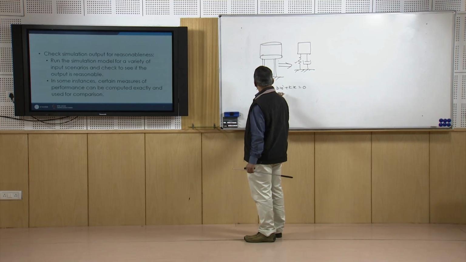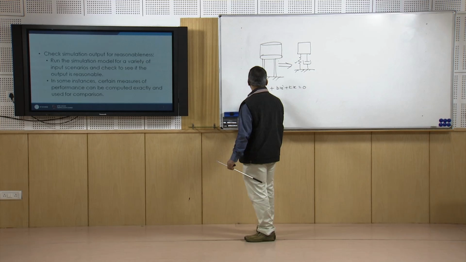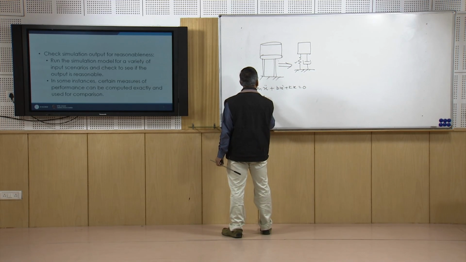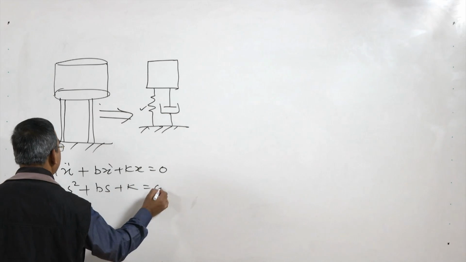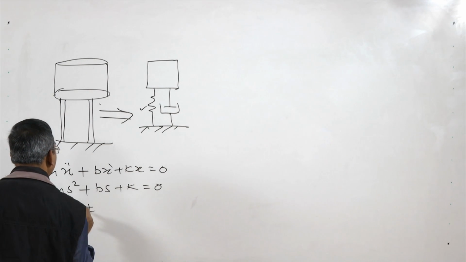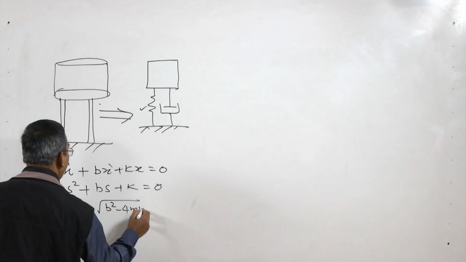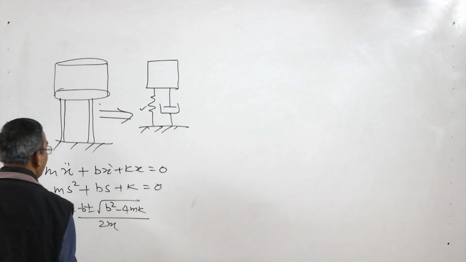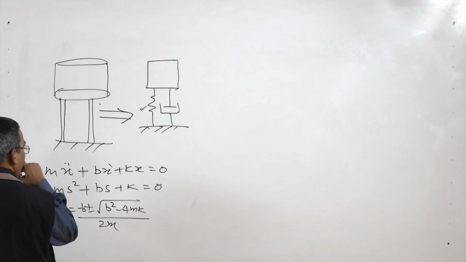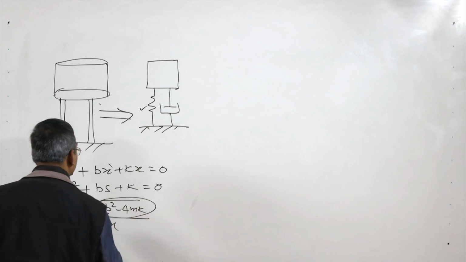Now, here we know, as we have seen earlier, that the characteristic equation corresponding to this system will be ms square plus bs plus k is equal to 0, and the values of s will be minus b plus minus under root b square minus 4 mk, upon 2 m. Now, the behavior of this equation will depend on the value of b square minus 4 mk.